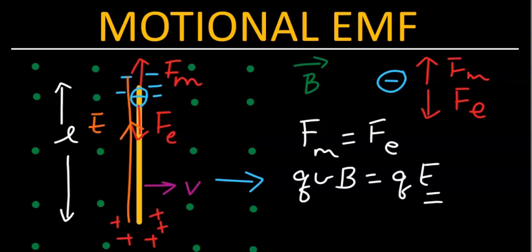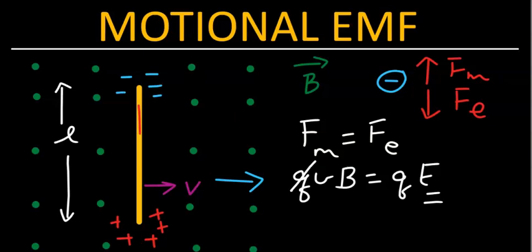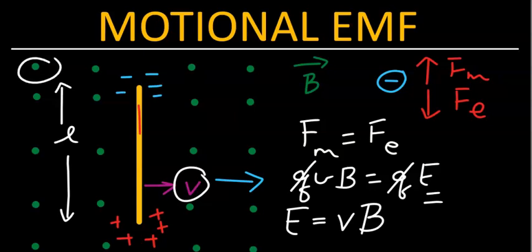So that is the electric field. And we see that Q cancels, and we have an expression for that electric field that builds up within that rod. It is quite simply the speed of that conducting rod times the external magnetic field in which the rod is moving.